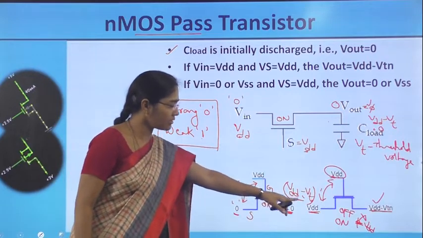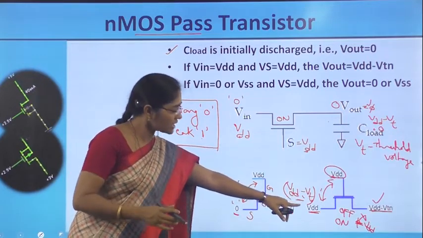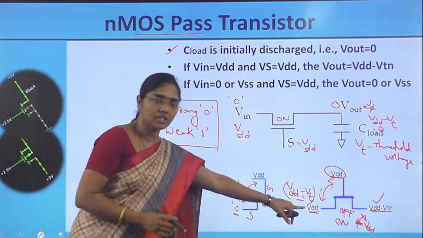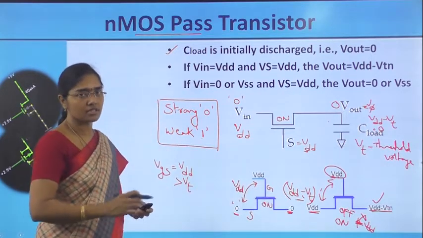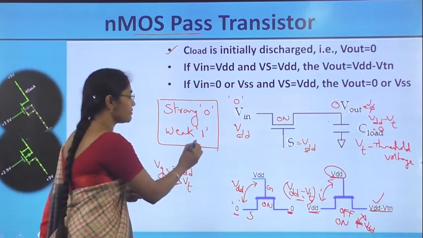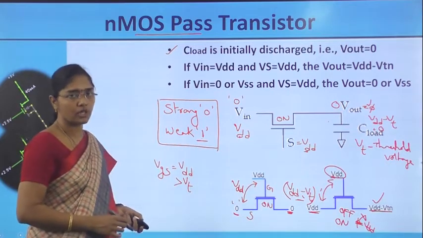Because of the switch-off condition when the input is VDD at the source terminal, it is not passing the VDD value as it is. So it is defined as weak 1.